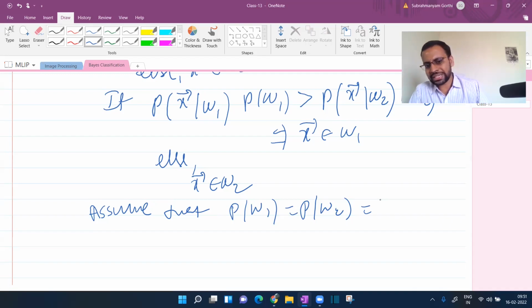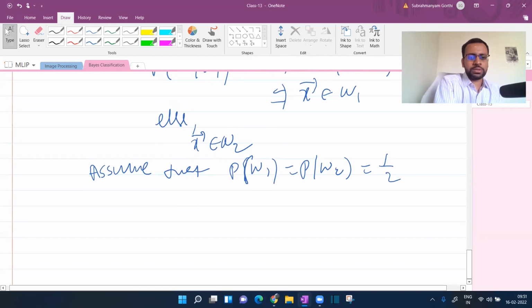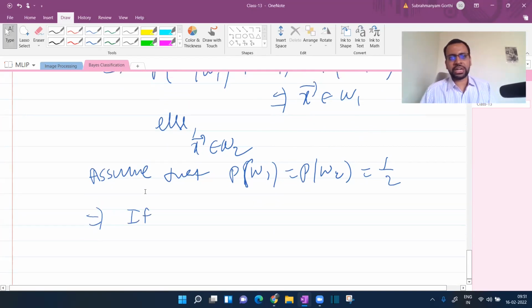Anyway, there are only two classes. If they are equal, what should be those probabilities? 1/2. So that means if I assume this, what does it turn out to be now? What is the condition I need to look at?